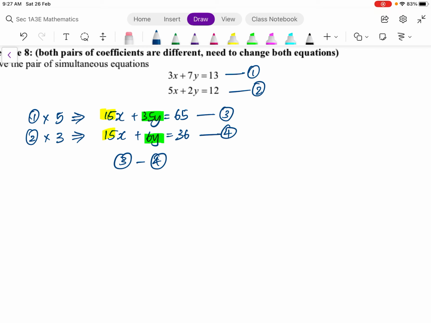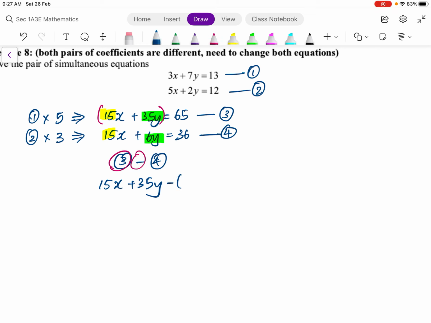So with enough experience, you know that you do not need to write down your 15x anymore because it is going to be eliminated. So you can skip that. But if you are still in the process of learning, gaining experience, just put it down. We take the entire left-hand side of equation number 3. So copy that down, 15x plus 35y. And now we subtract. So put on the minus.